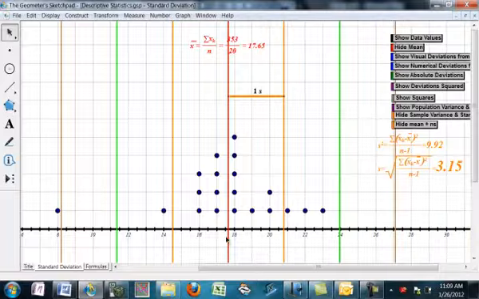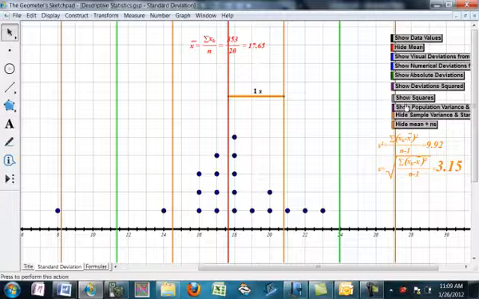Remember, the orange bars are 1 standard deviation away from the mean. The green ones are 2 standard deviations from the mean. When we counted these and found that 19 of the points are between the 2 green stripes, we're between mean minus 2 standard deviations and mean plus 2 standard deviations on the other side. If we go 3 standard deviations out, then we're at the brown bars.